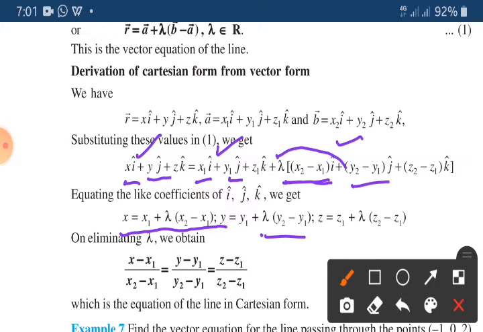In the same way, z equals z1 plus lambda of z2 minus z1. On eliminating lambda, we have (x minus x1) by (x2 minus x1) is equal to (y minus y1) by (y2 minus y1) is equal to (z minus z1) by (z2 minus z1).